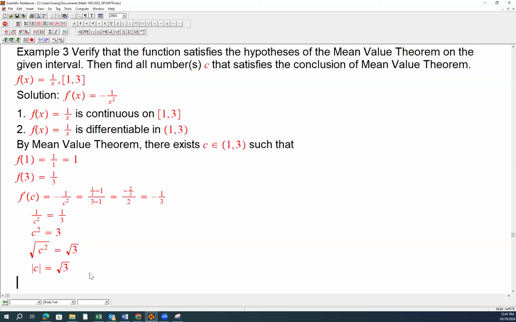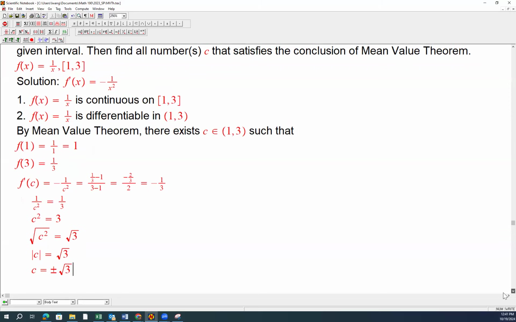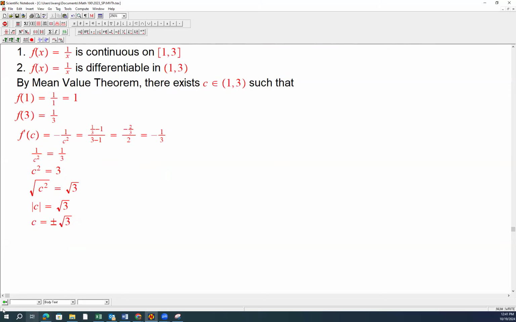And finally, c equals plus or minus √3. Okay, plus or minus √3. Well, negative √3 is not in the interval of interest, right?